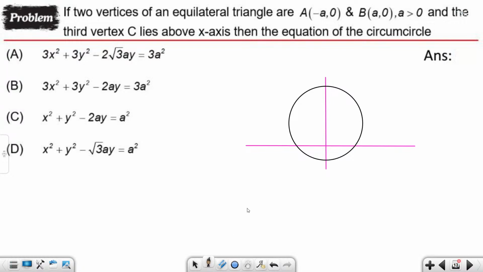Now, this is my point A, which is your minus a comma 0. This is your point B, which is your a comma 0. Correct? And the third vertex C lies above the x-axis. Above the x-axis, so the third vertex will be definitely at this place. Let me just join these 2 points.